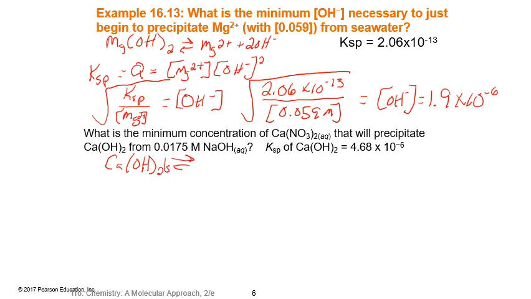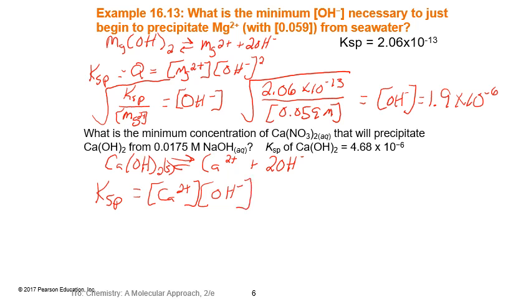That's our solid. We know our KSP, and so we are going to figure out when Q is equal to KSP, our calcium concentration, hydroxide concentration.